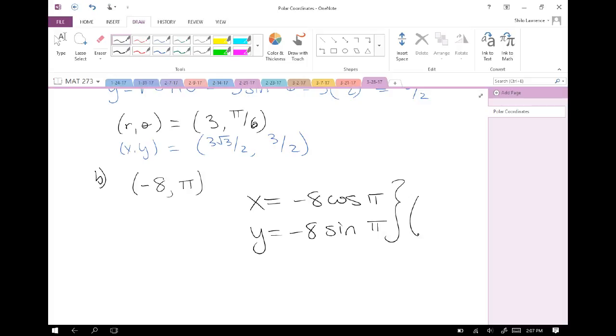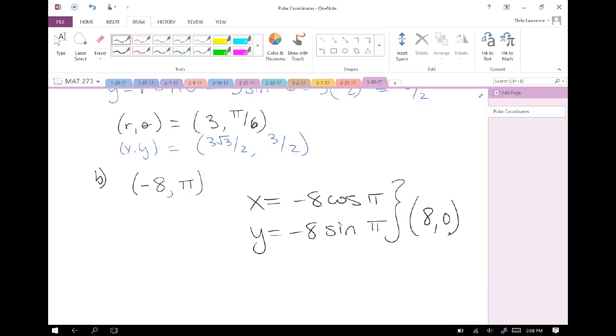It's on the positive x-axis at 8. I heard you say over there it's going to be on the x-axis. So pi is to the left, but the negative says go the other way.